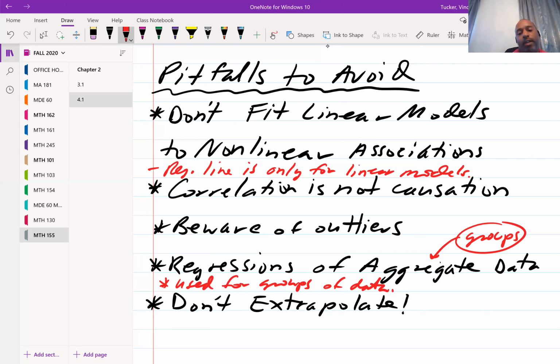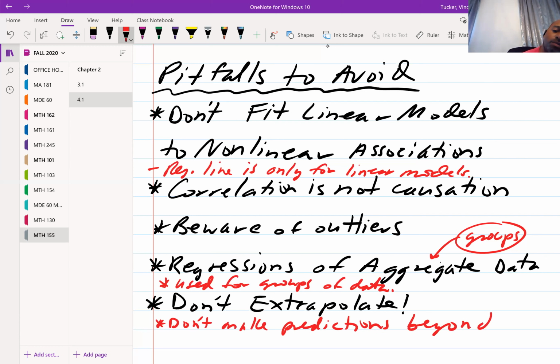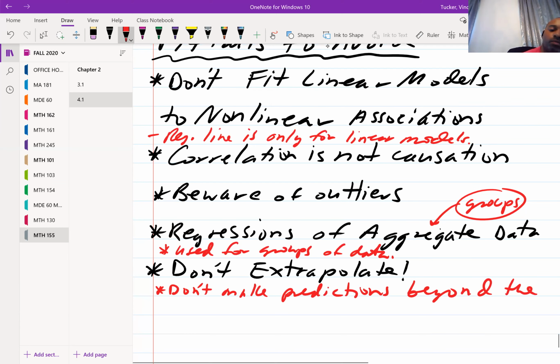And then, don't extrapolate. They say range.